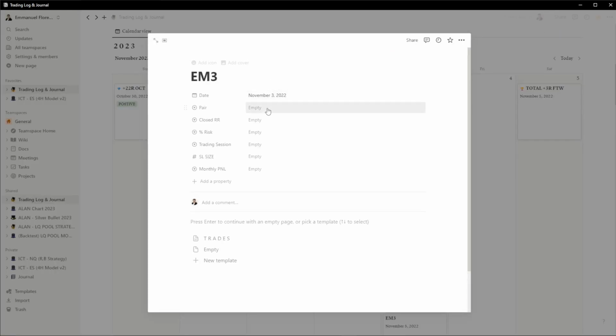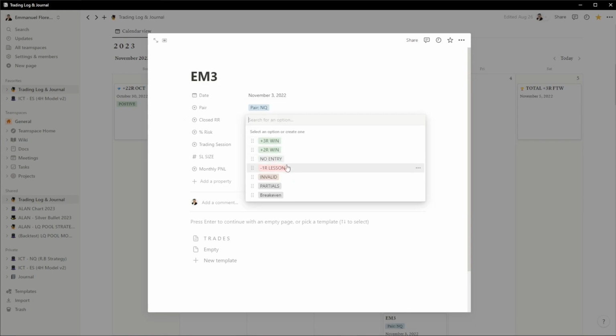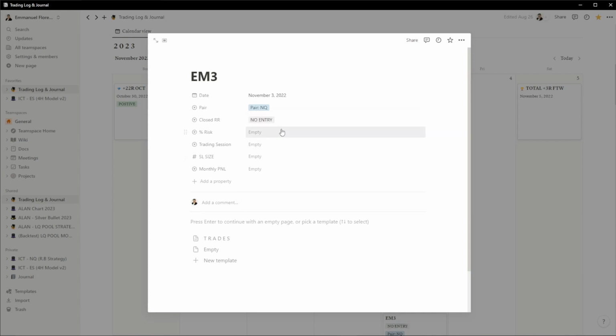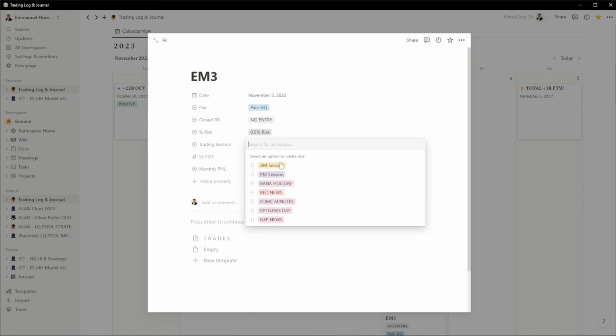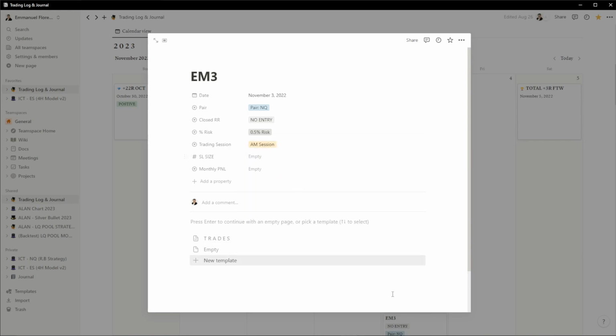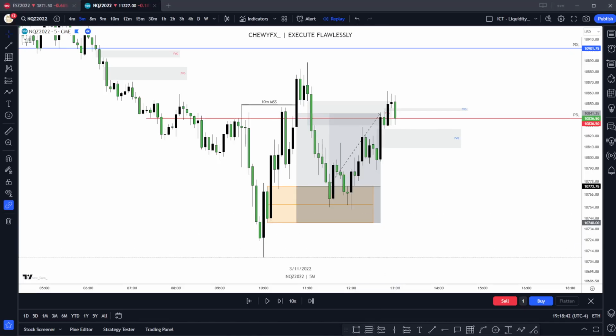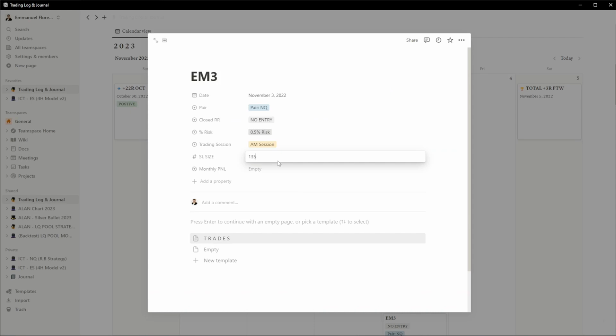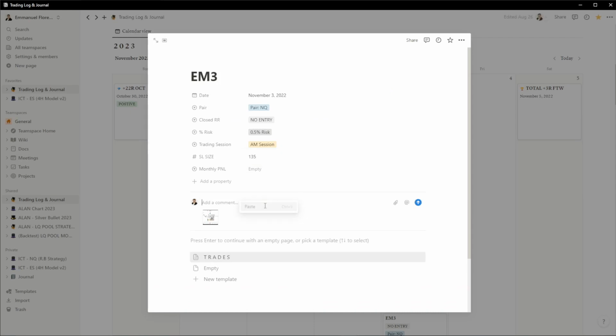This was a very volatile day though. Let's see. Would have been Nasdaq, and then that would have been no entry. 0.5. 135. So yeah, that's definitely something to always consider.